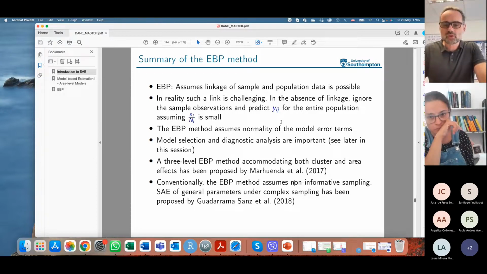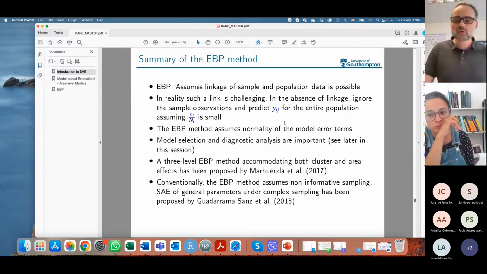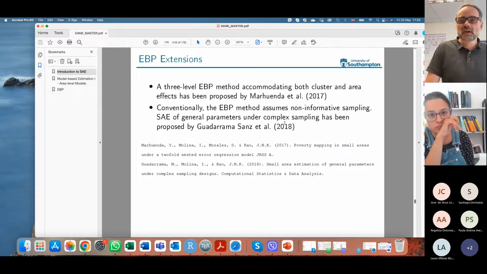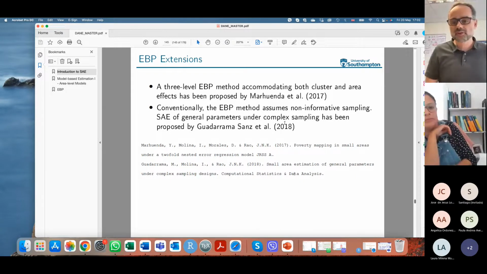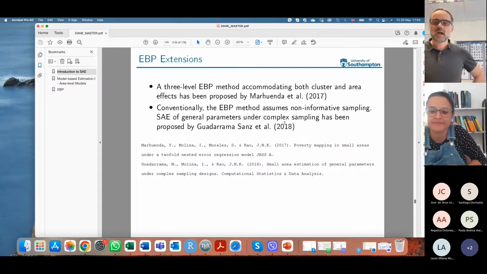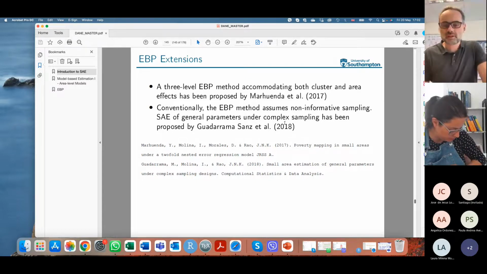I suspect the method goes very close to the ideas of Wu and Rao in 2002, and that's a way to bring this into the EBP formulation. I added here the two references in case you want to see the two papers, the two extensions of the EBP method, in case they are of interest to you.